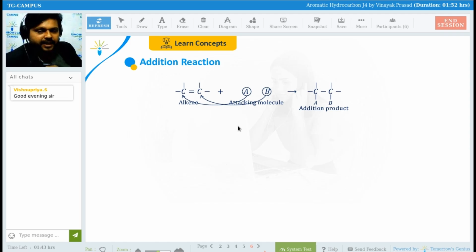In case of alkene, addition of alkene, what will be happening there? Let's suppose we are having attacking molecule A and we are having B. So carbon double bond carbon is there, and we know this pi bond is loosely bonded and it can break down very easily. Is it okay? So this A and B will attack this carbon.